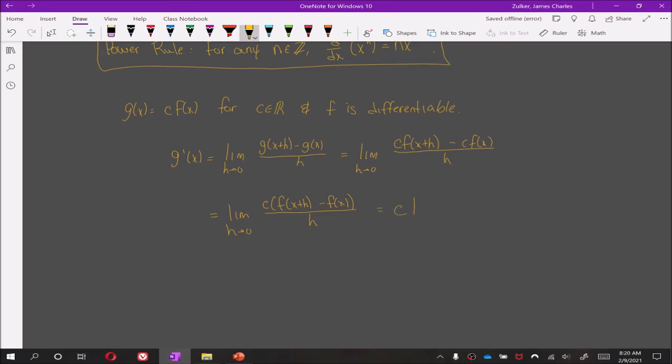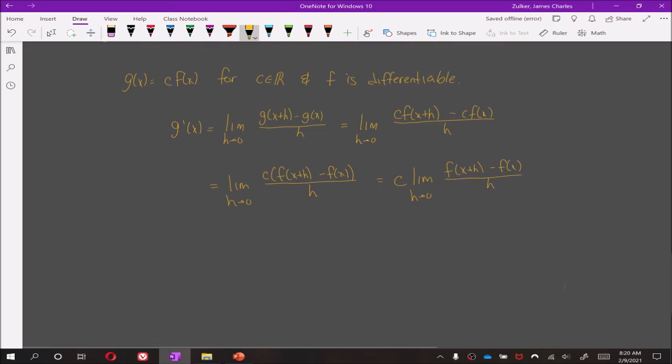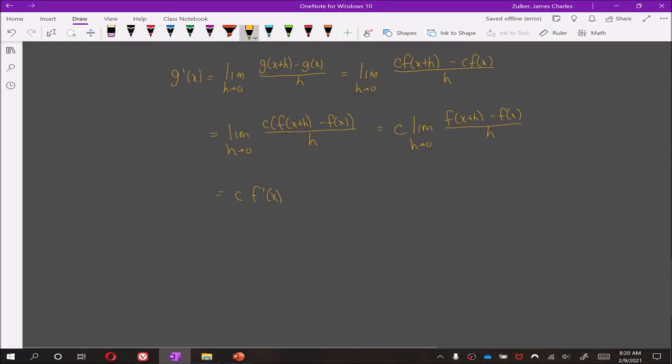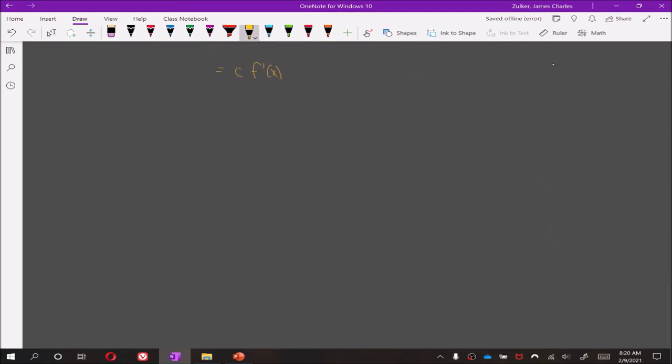Now we can factor out that c from the limit. And what you should notice is that limit right there is f prime of x, since f is differentiable. So this is the constant multiple rule.